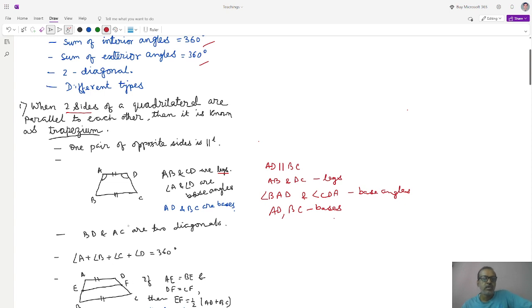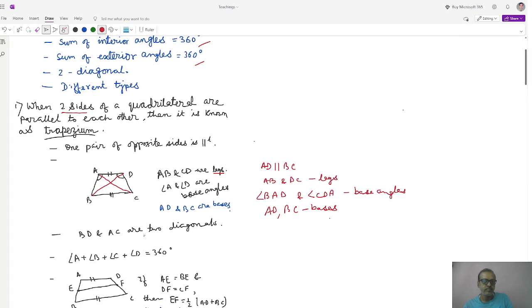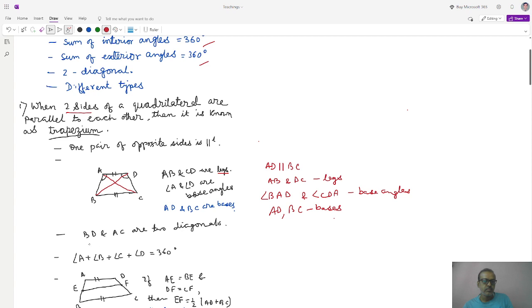Now, in this trapezium, BD and AC are the diagonals. Okay, written here. BD and AC are two diagonals of this trapezium ABCD.